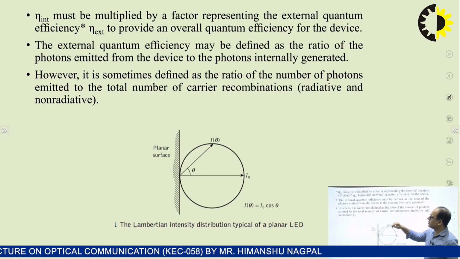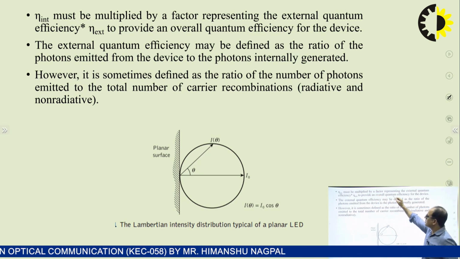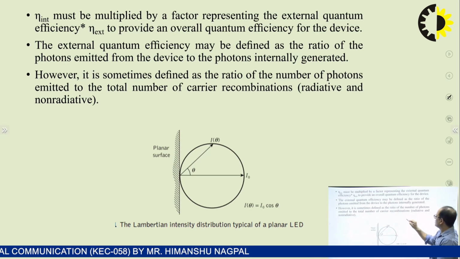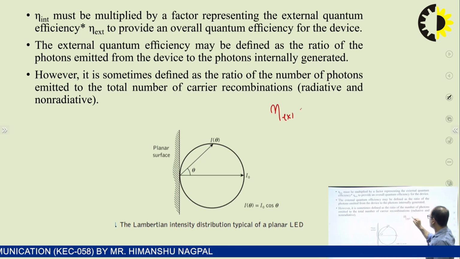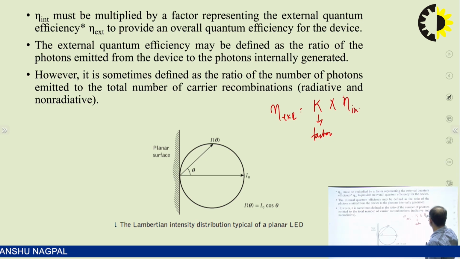Now the next is the external quantum efficiency. External quantum efficiency is equal to some factor K multiplied by the internal quantum efficiency. Clear?